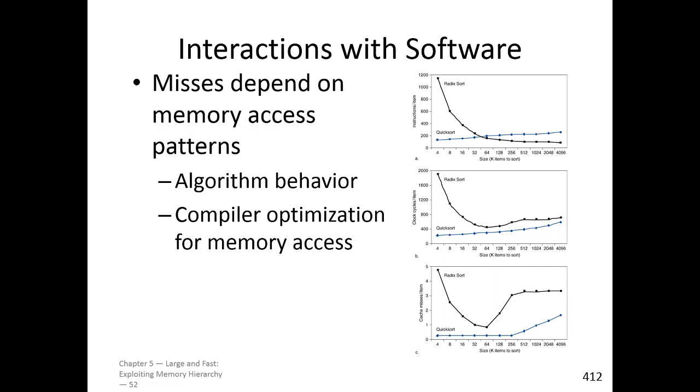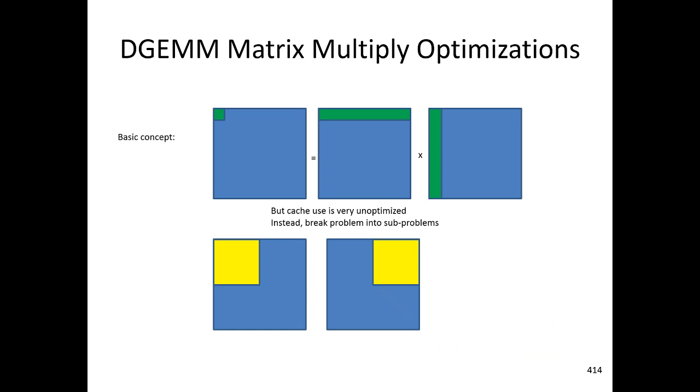Here are some graphs that demonstrate the trade-offs in a couple of major programs like Radix sort and Quicksort, which are common sorts. Everyone has to do Quicksort going through their undergraduate program. It gives you an idea of the size of the items to sort versus the instructions or clock cycles and cache misses per item. You can look at that and consider what the trade-offs are.